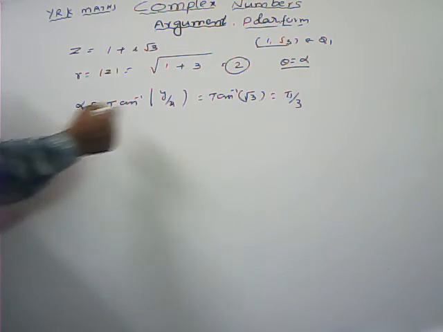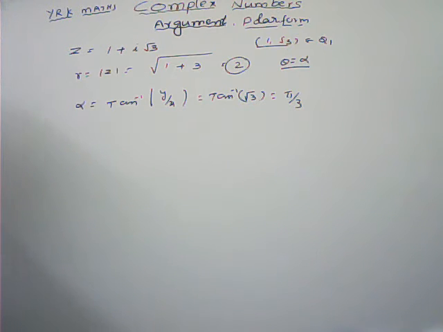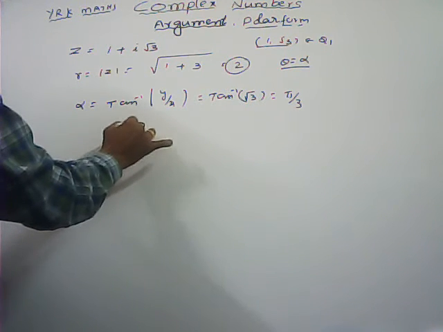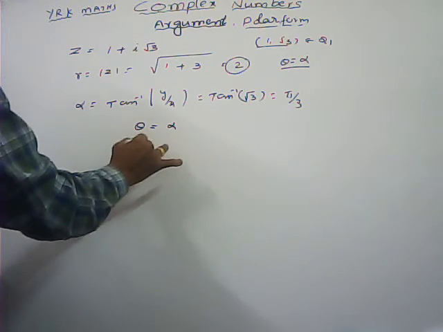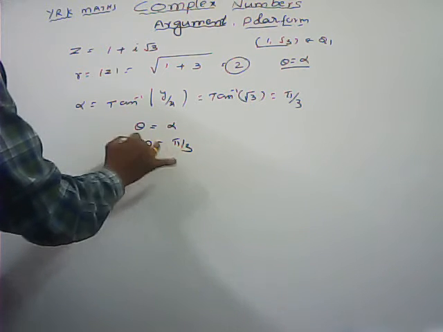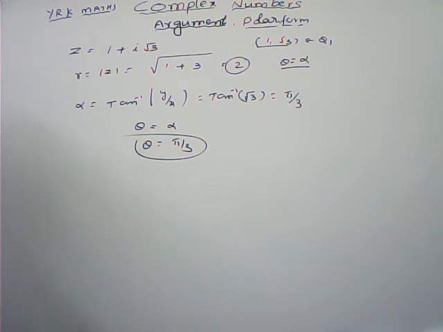So alpha is pi by 3. Here argument theta is equal to alpha only. Therefore theta is equal to pi by 3. Here argument means we are discussing it to express in the polar form, so we have to discuss only the principal value of the argument.